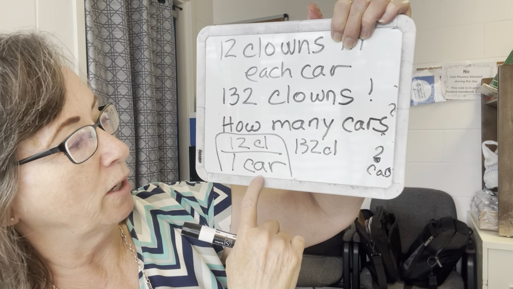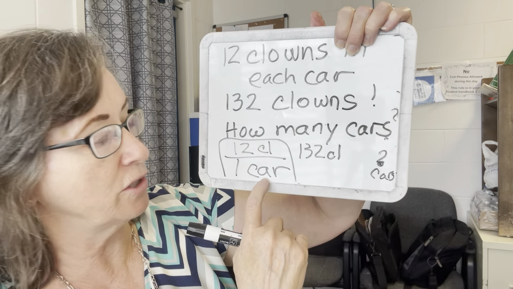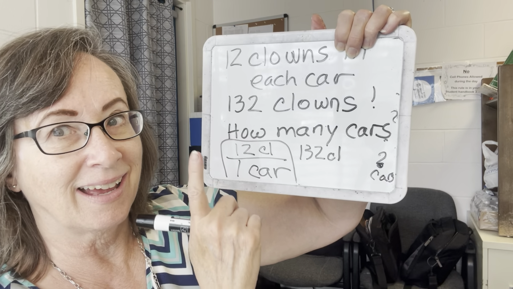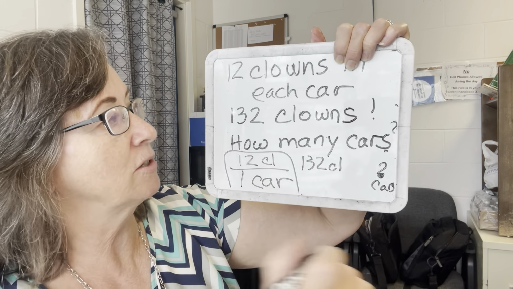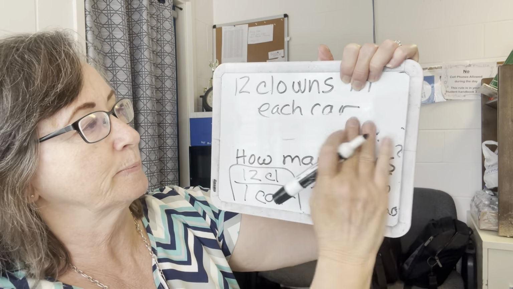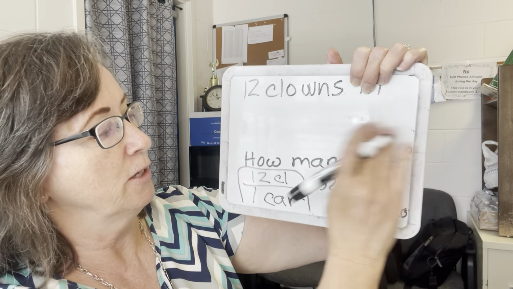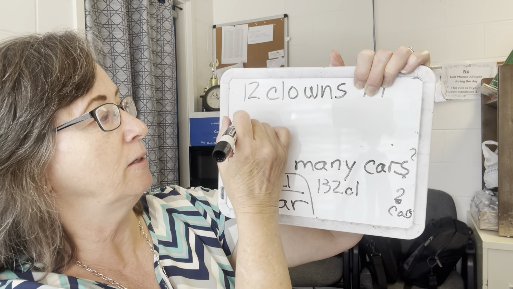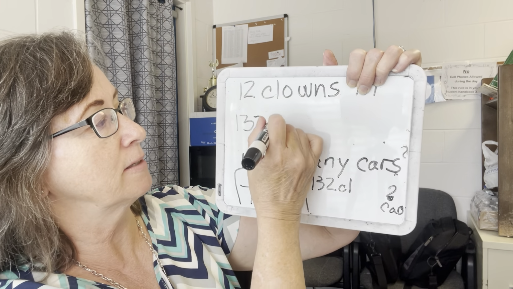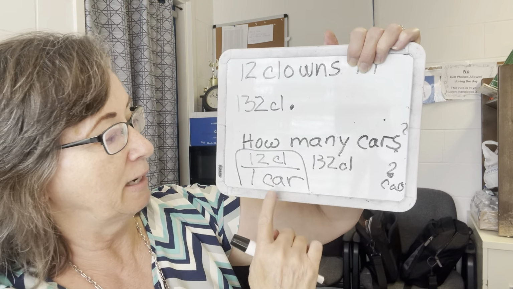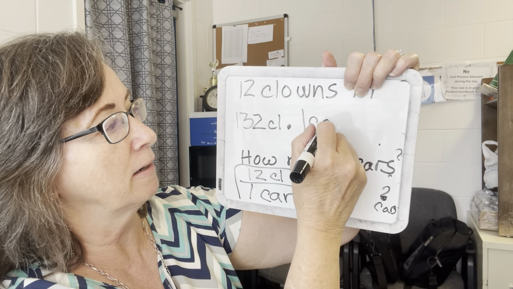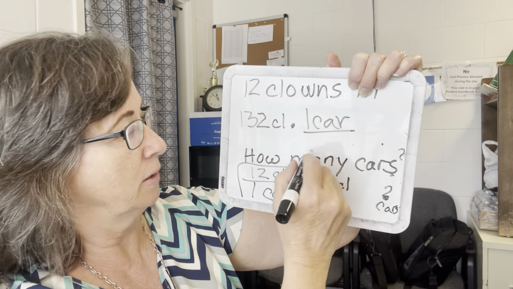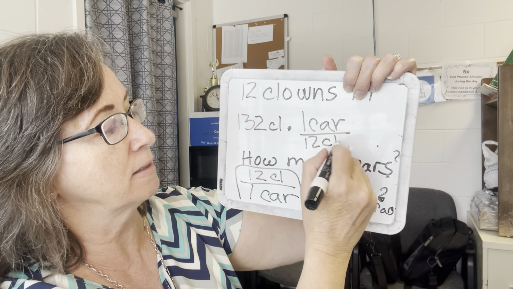Okay, so since I'm trying to get to cars, don't I want cars upstairs and clowns downstairs? So let's write it out. Okay, so we're going to put 132 clowns times, now we're going to turn this ratio over, 1 car per 12 clowns.